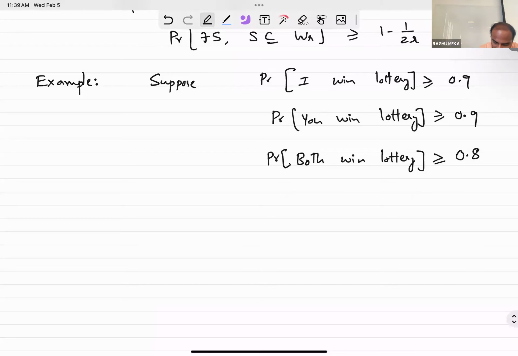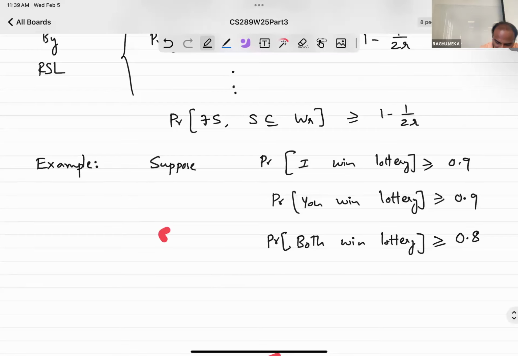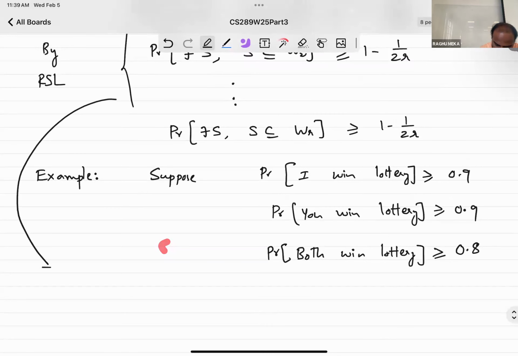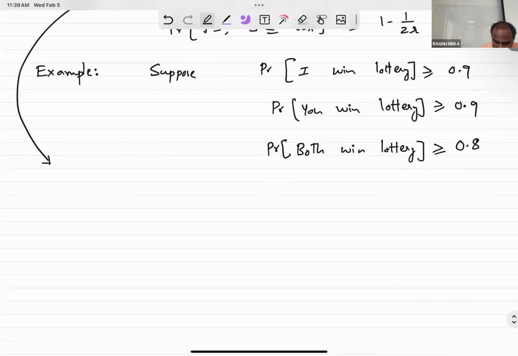In particular, you go back here and say, probability there exists no set in the family, of course.